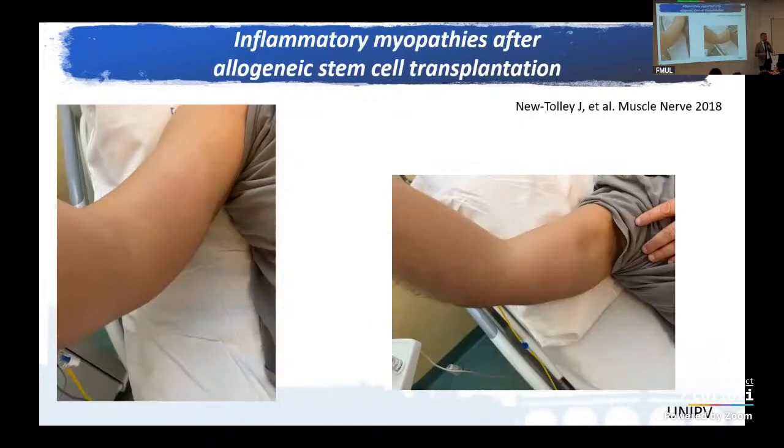But we have also other problems. This is a patient who had an allogeneic stem cell transplantation 4 years ago and was admitted to our unit. He presented with muscle pain, high levels of CPK, and see the dimension of this arm. It was very big, really. This was a problem related to rejection of the allogeneic stem cell.